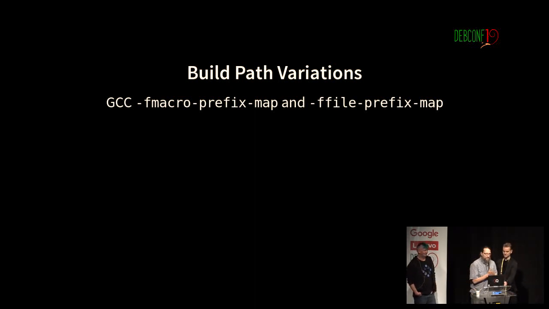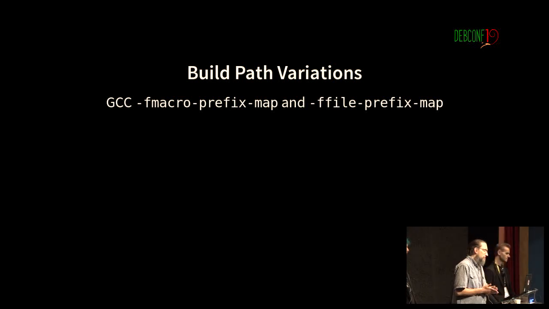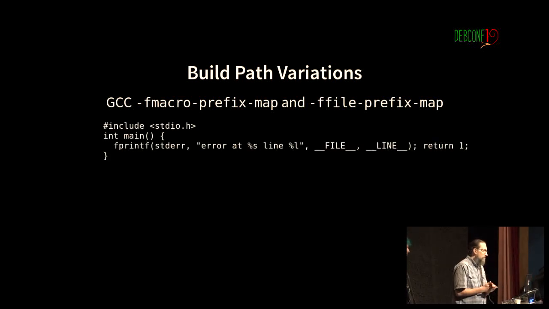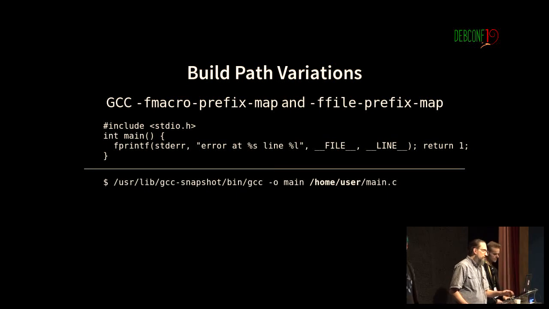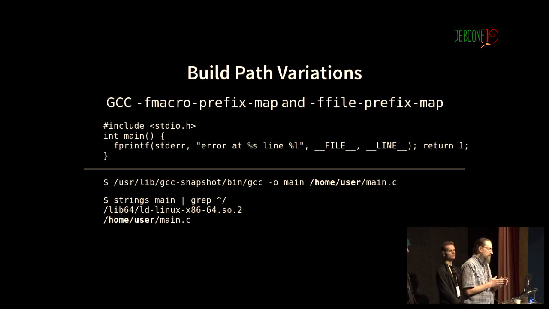Build path variations are still essentially missing from our reproducible promise that we're giving for Buster and currently for the upcoming bullseye. One of the things that we did get in upstream is that GCC 8 has a macro prefix map, and also the file prefix map, which basically transforms the file macro into a relative path.